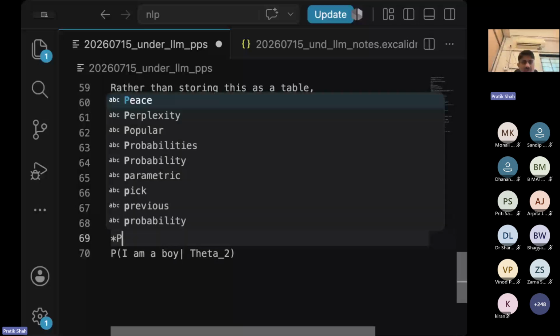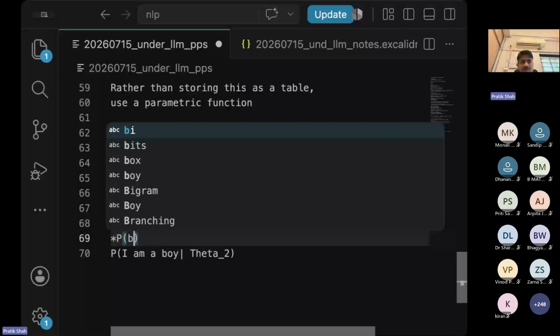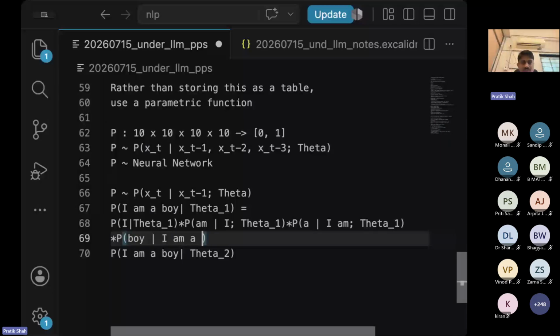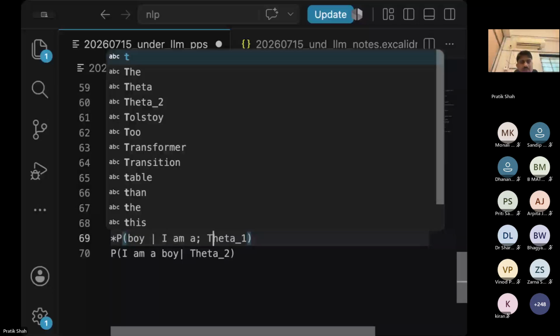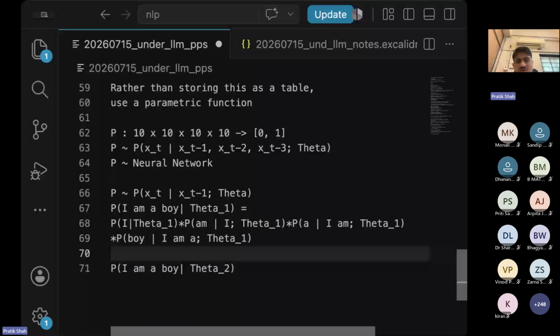Boy given I am a and theta 1. Correct. All these probabilities multiplied together will give me the probability of the sentence I am a boy. This is called likelihood.